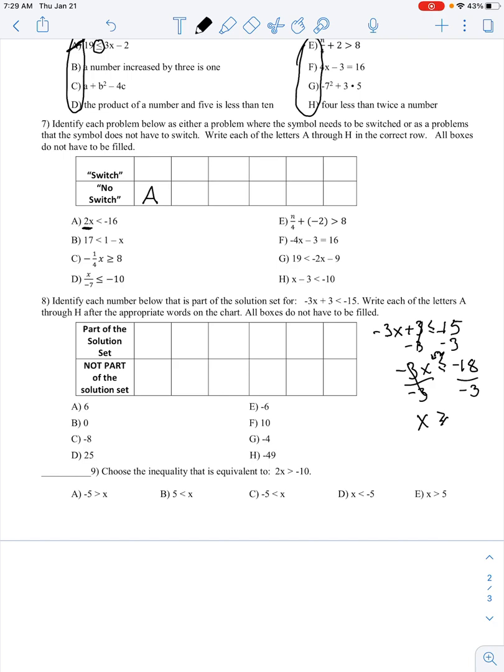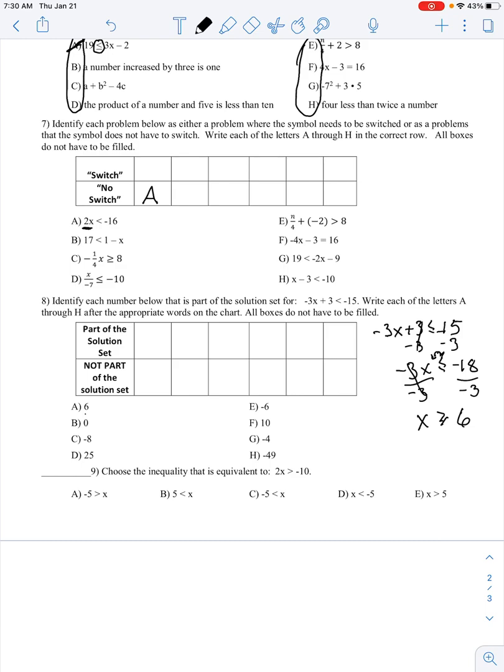So x is greater than or equal to 6. So basically we're just identifying all of the values here that are bigger than or equal to 6, because if it's bigger than or equal to 6, then it will work to make the inequality true for that value, and it would be a part of the solution set.